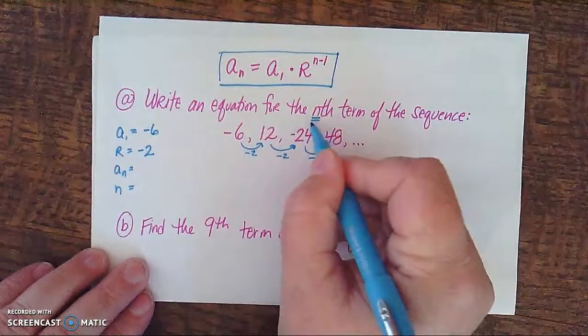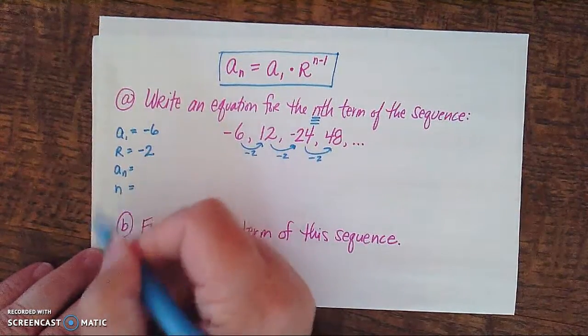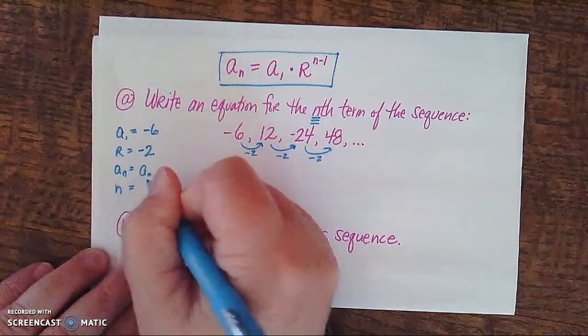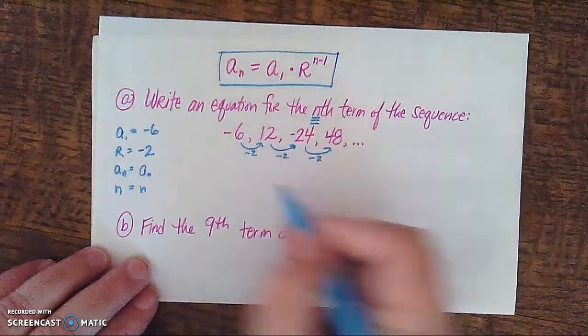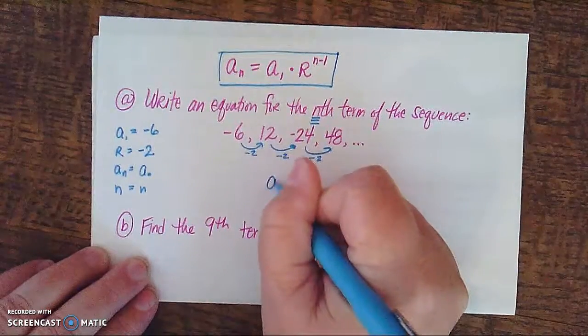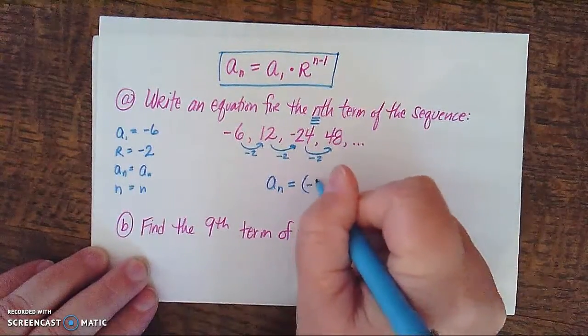It says the nth term, it's not giving us a term, so these ones are going to stay just as is. A sub n and n. And then we plug it in here. A sub n stays as a sub n. A sub 1 is -6.